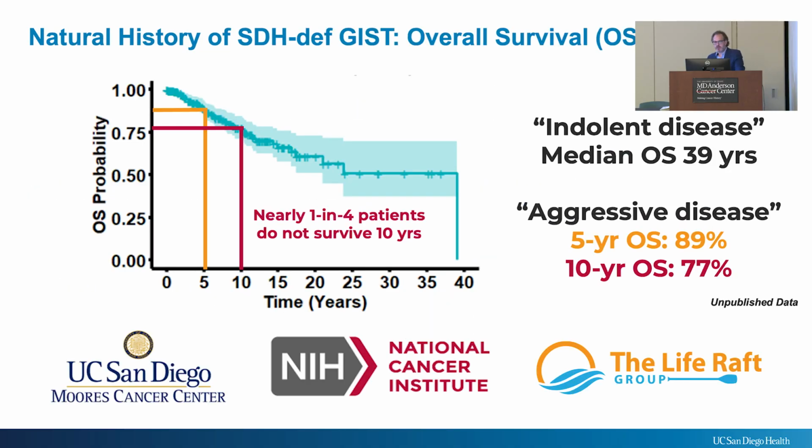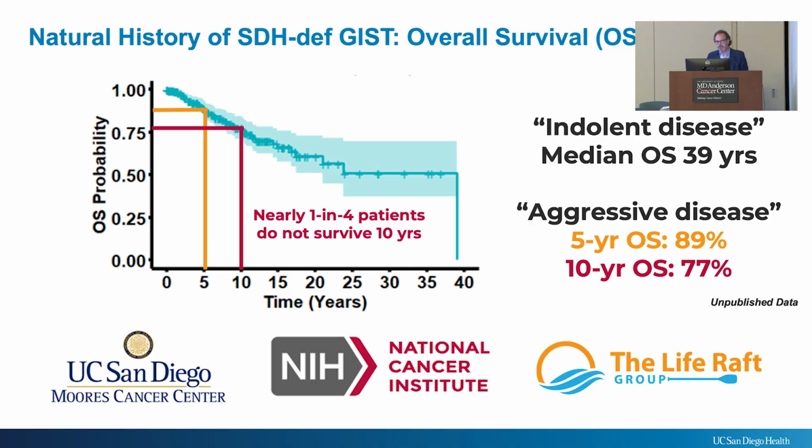Now, the natural history of GIST, and this is looking at the overall survival. This is one of those survival curves that you've seen many times before. As a reminder, the flatter it is, the better it is. Every time it steps down, that means somebody unfortunately passed away from their disease.